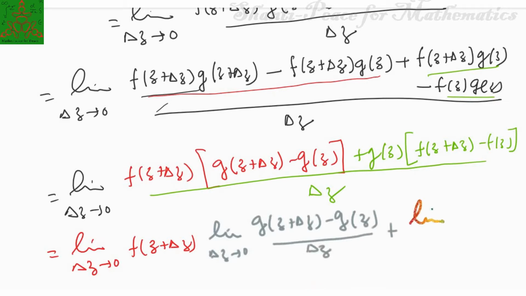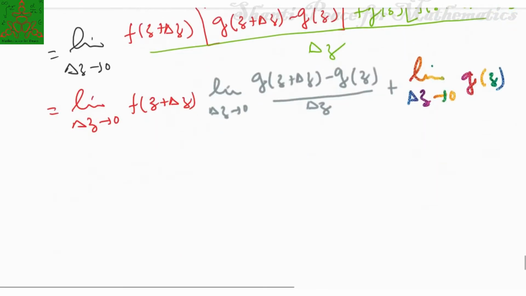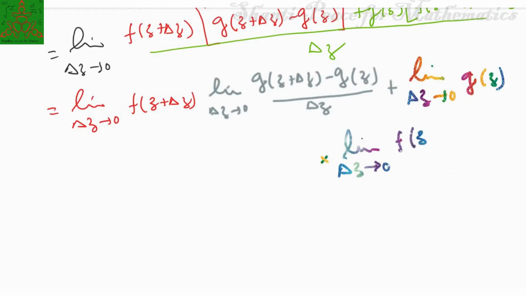plus limit delta z tends to 0 g of z into limit delta z tends to 0 f of z plus delta z minus f of z upon delta z.